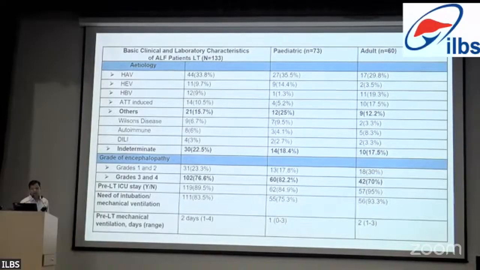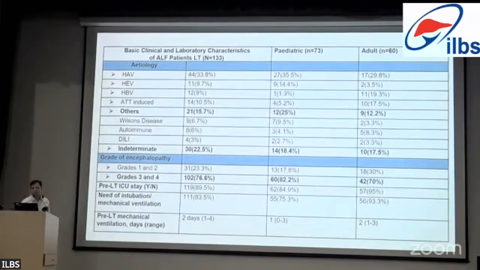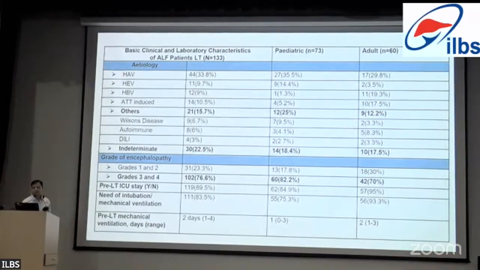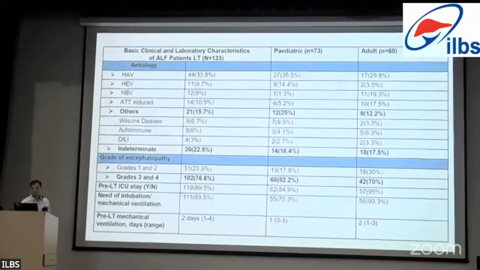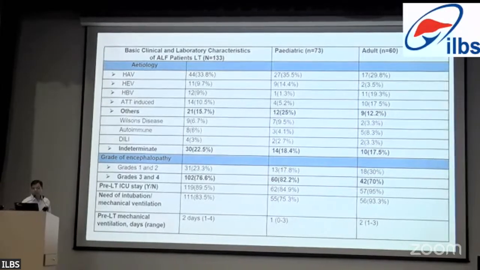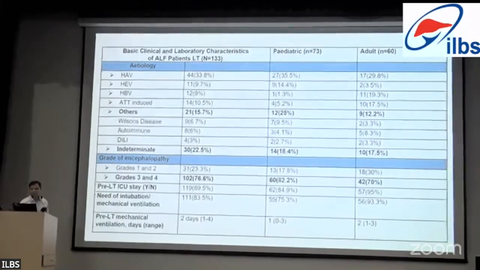And one thing which is specific to our part of the globe is ATT-induced acute liver failure, which is approximately 10%. And one important thing is indeterminate also accounts for almost 22.5% of all the transplants, with similar distribution between both the pediatric and adult patients.